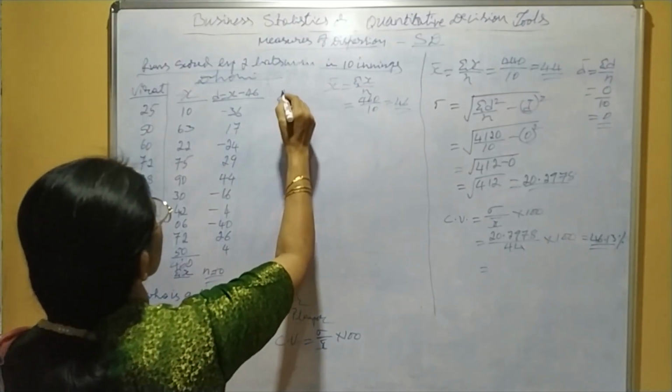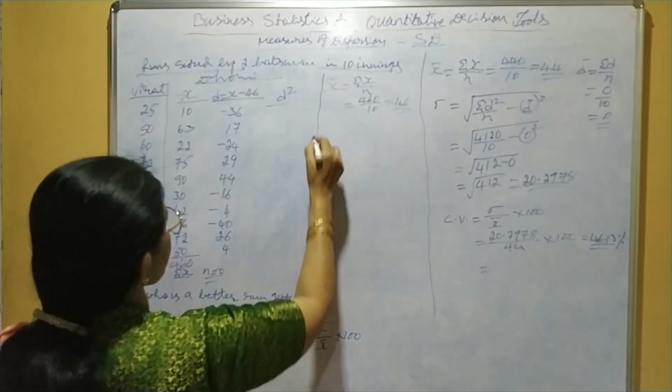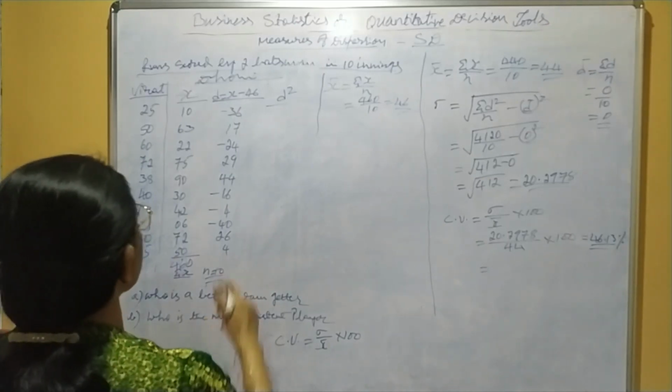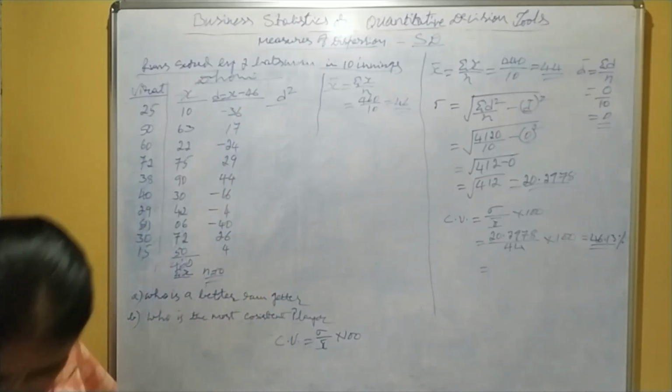Next we have to take d square. Here d square means d into d. Here minus into minus will become plus.